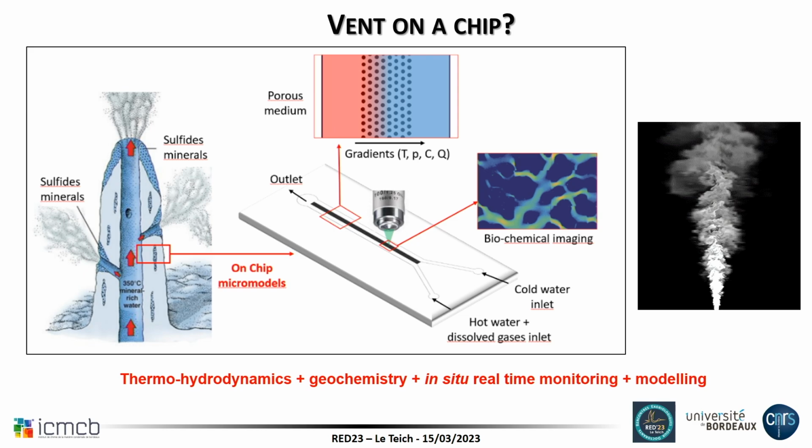And you have the thermal gradient, the pressure gradient due to the difference in velocity, the concentration gradient, and the velocity gradient. Under the microscope, you can do biochemical imaging, or in that case for prebiotic chemistry, chemical imaging, to monitor the presence of different types of molecules that could be created here.